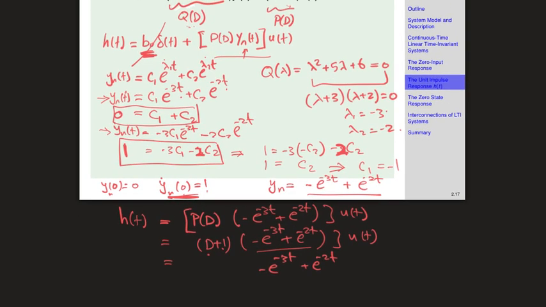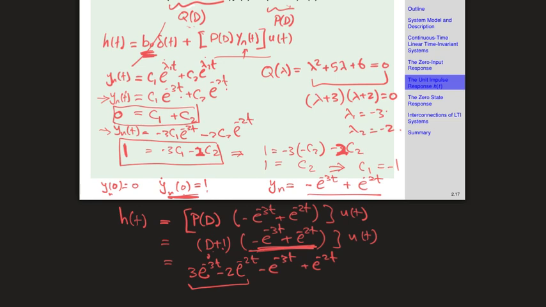And when you take the first derivative of this whole expression, you end up with 3 e to the minus 3t, and then minus 2 e to the minus 2t, correct?